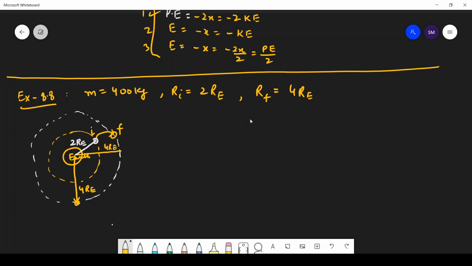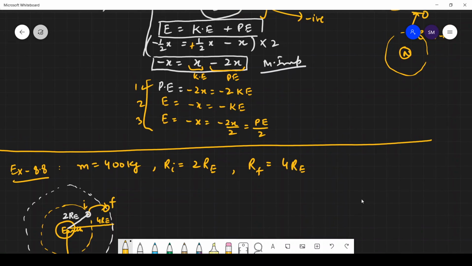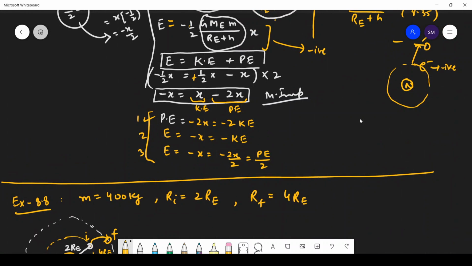Students, it's so simple. Okay, so what was the initial? We have just derived the relation. What is the energy of an orbit? So this energy is equal to minus 1/2 G Me m, the mass of the satellite, divided by the orbital radius. Re plus h is your orbital radius, right?